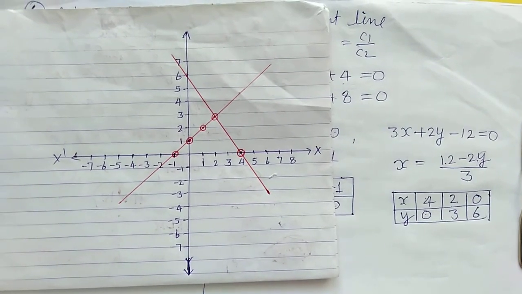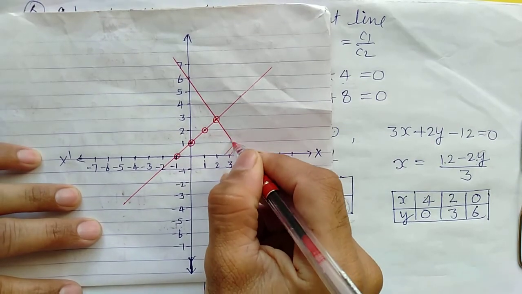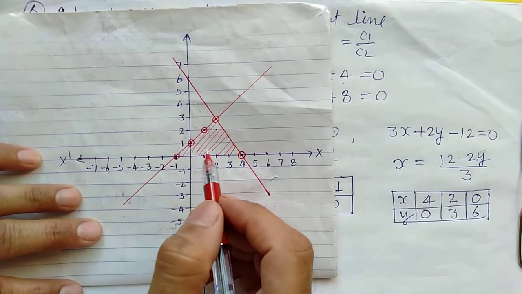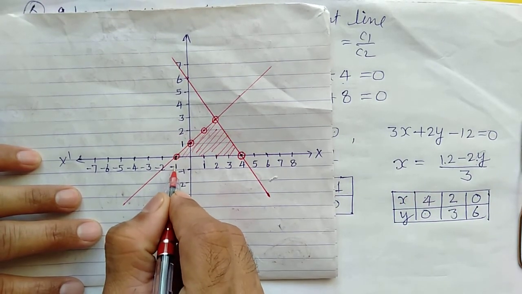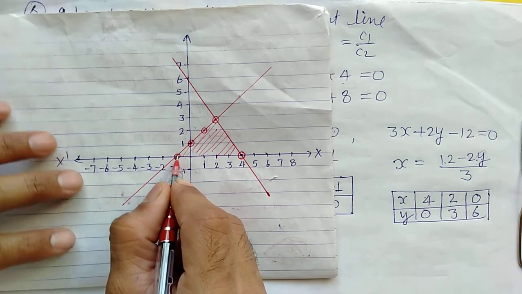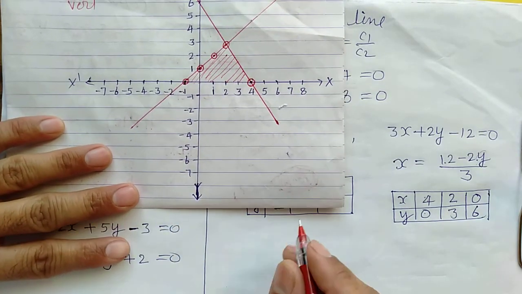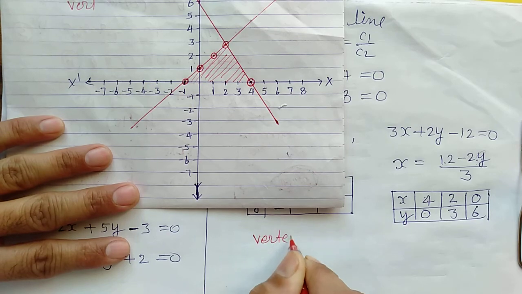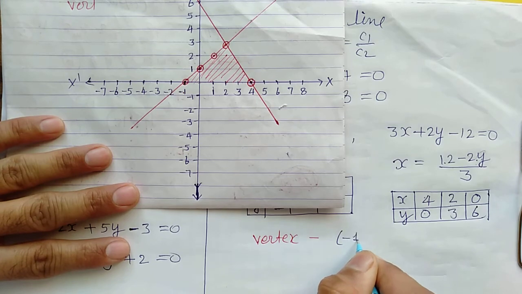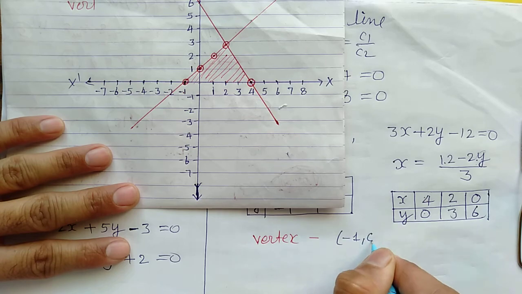Now in the question, it is asked to find the vertices of this triangle. See, we have this triangle. Can you see? The vertex of this triangle is, this vertex is minus 1 and y is 0. So here I will write the vertices of the triangle. Vertices are minus 1 and 0.